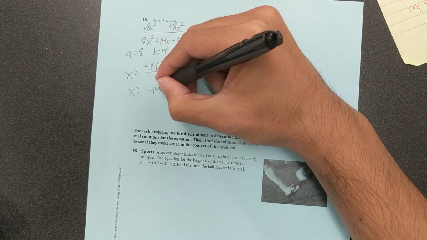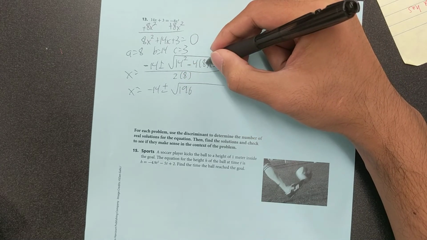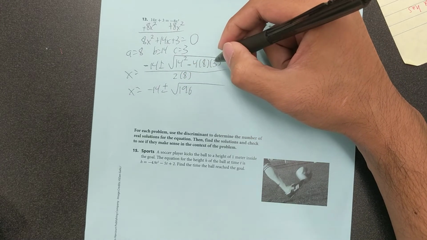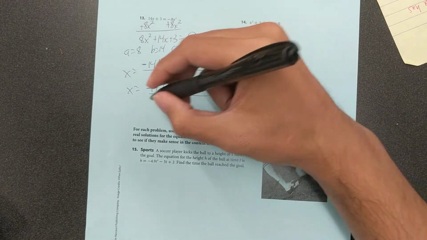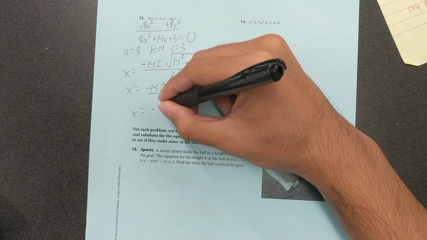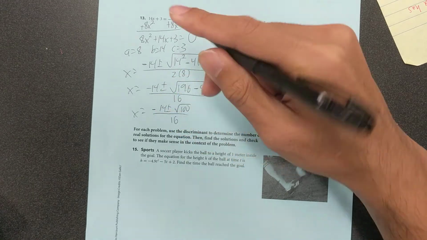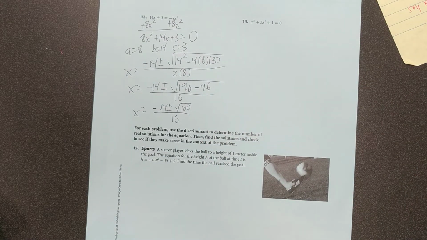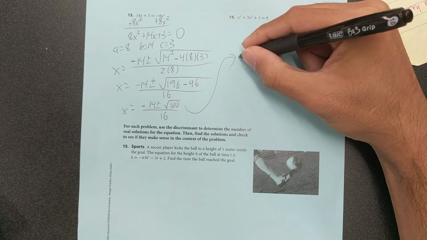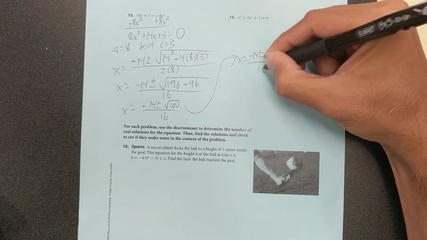Okay, let's simplify what we can. 14 squared is 196. Negative 4 times 8 is negative 32. Times 3 is negative 96. Okay, so 100 is a perfect square. It is 10 squared. So x equals negative 14 plus or minus 10 over 16.